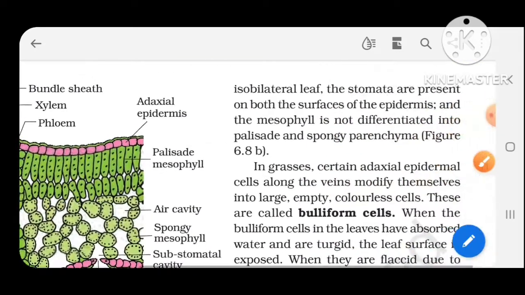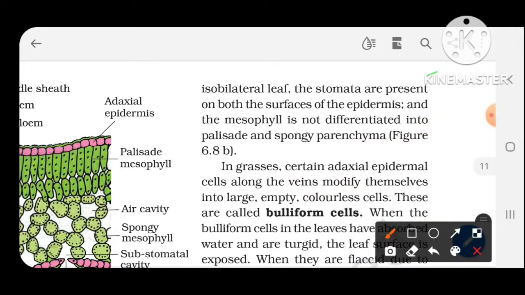In an isobilateral leaf, the stomata are present on both surfaces of the epidermis. Okay, means when we learned about dicot leaf, there we learned that stomata are mostly present in the lower epidermis, but in this isobilateral leaf, stomata are present on both surfaces of the leaf.